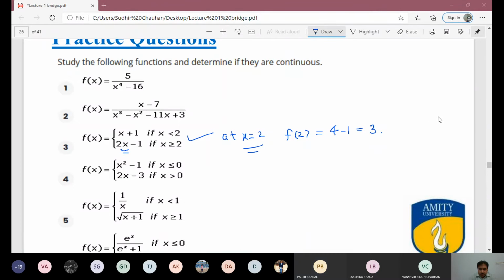Okay, so you are able to find the continuity.